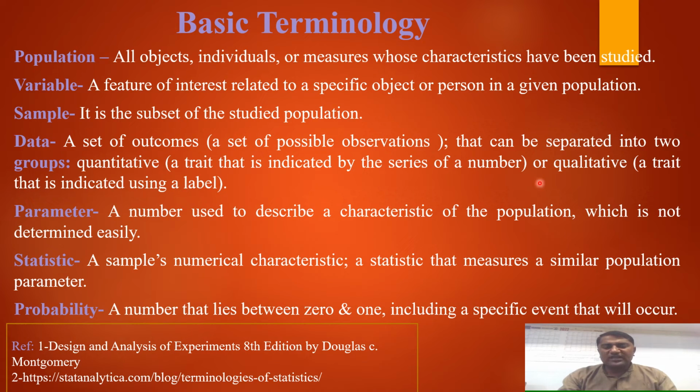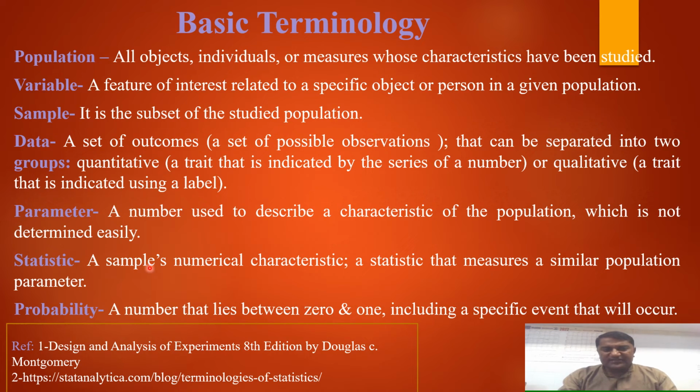You are using a label, just like the color of an eye or another thing. Next is the parameter, a number used to describe the characteristics of the population which is not determined easily. So this one is the parameter.